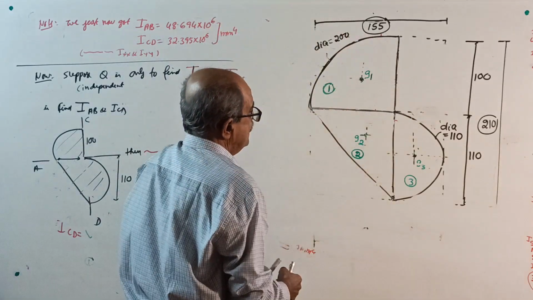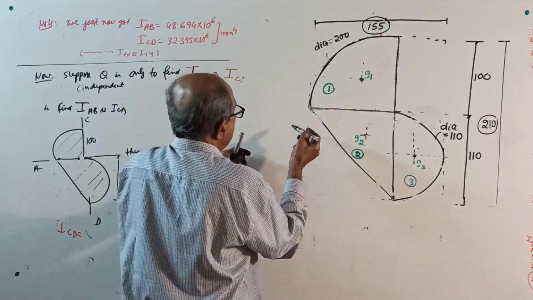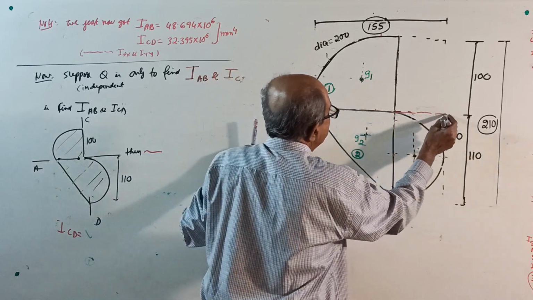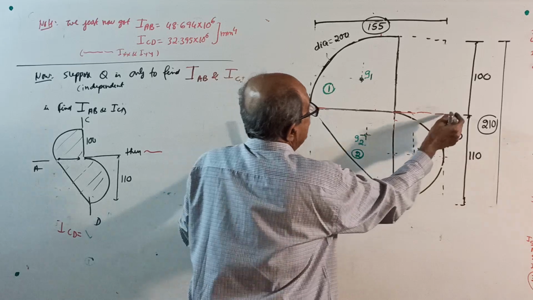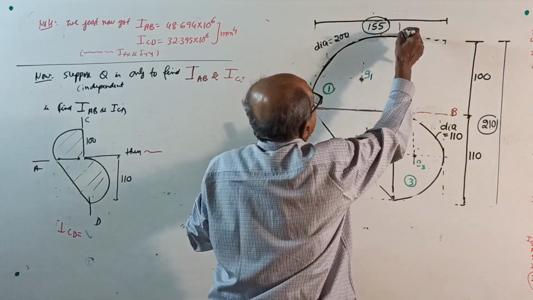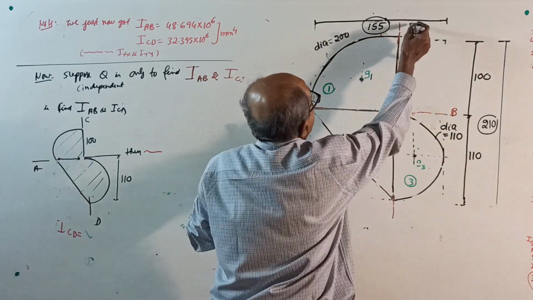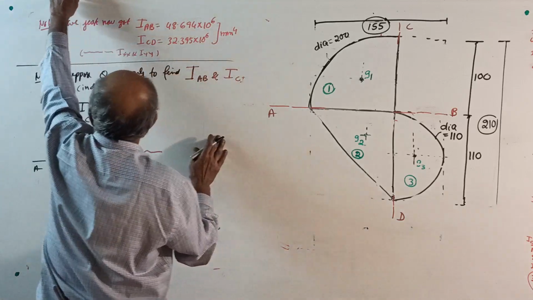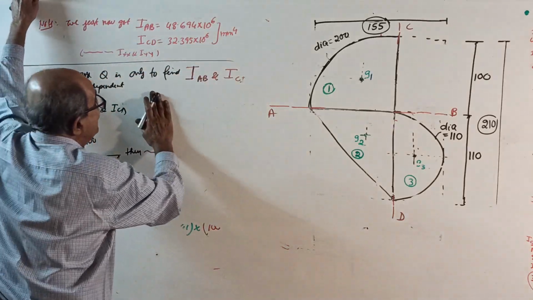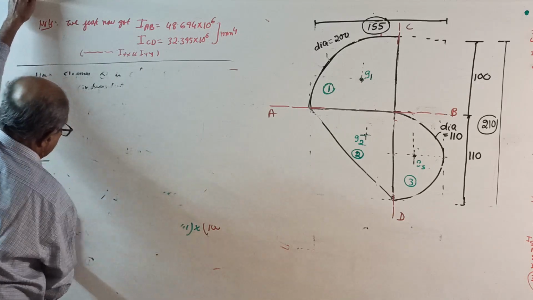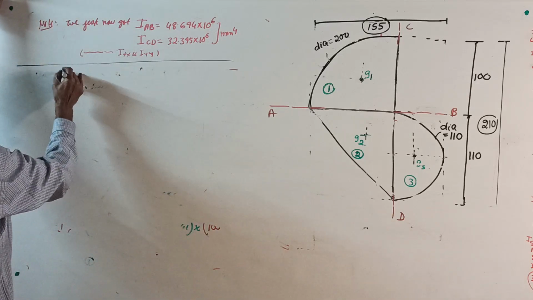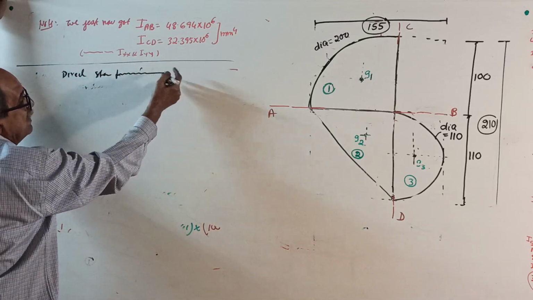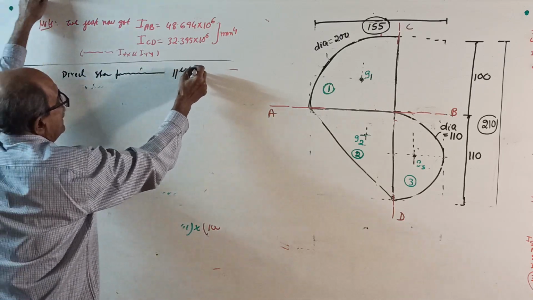Here, mark the AB axis. Whichever axis they want moment of inertia about, mark here. AB. And here, mark CD. Directly start finding moment of inertia about AB and CD using the parallel axis theorem.